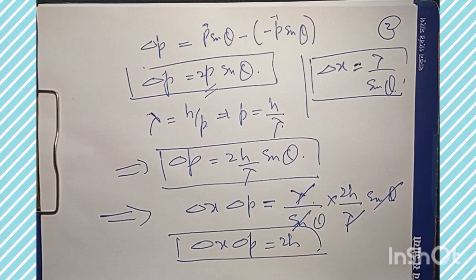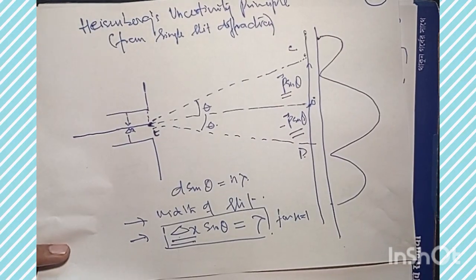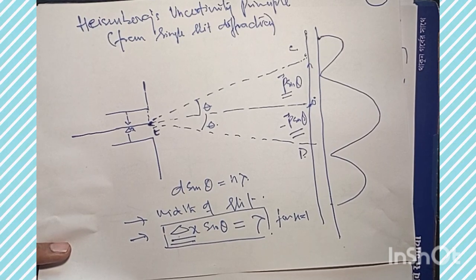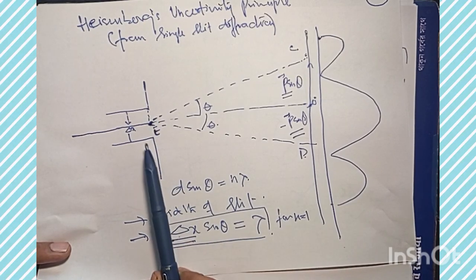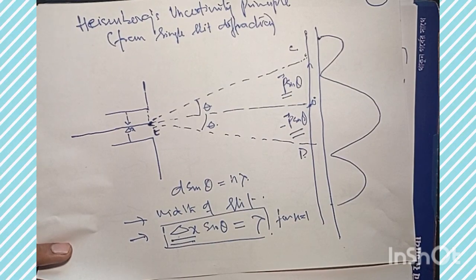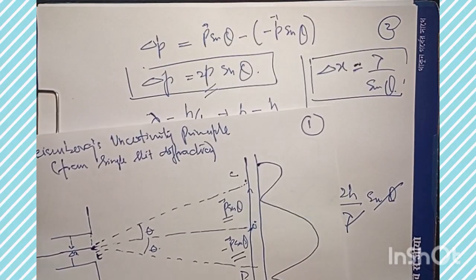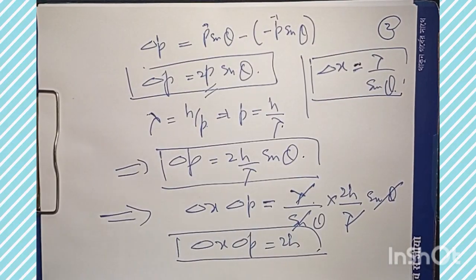This way we have arrived at the same conclusion using a single slit diffraction experiment for electrons, and the product of the uncertainties in position and momentum comes out to be 2h, in excellent agreement with the predictions of the Heisenberg uncertainty principle.